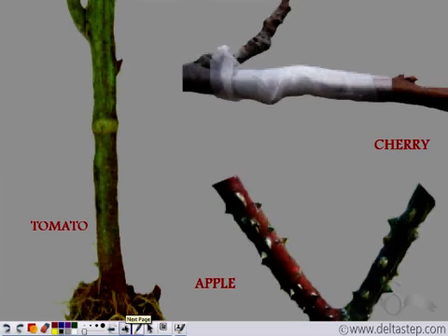See, the process of grafting has been done to a tomato tree, apple, and a cherry tree. Now notice the tomato tree. Can you not identify the grafting point? See, this is the grafting point.